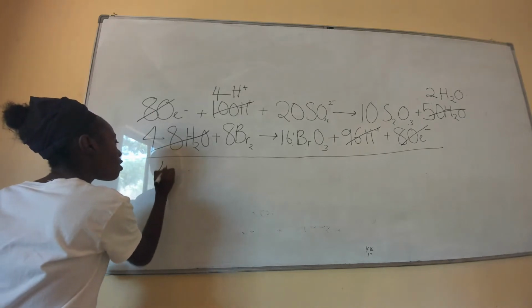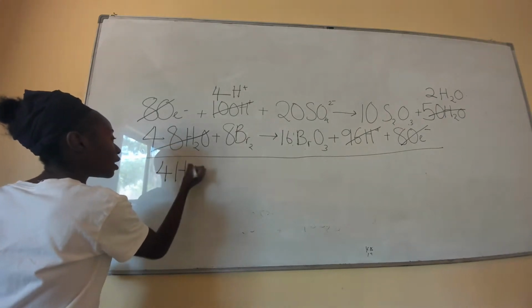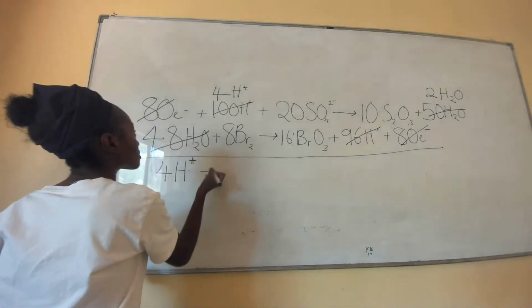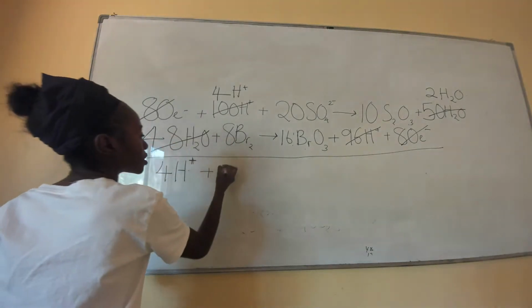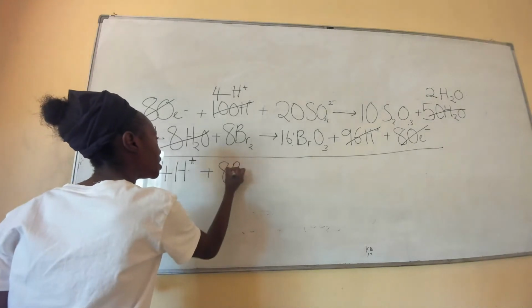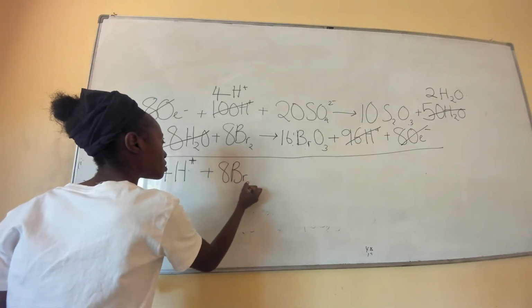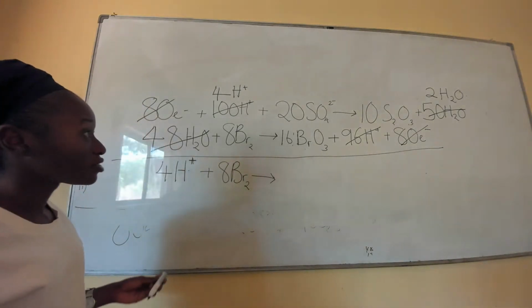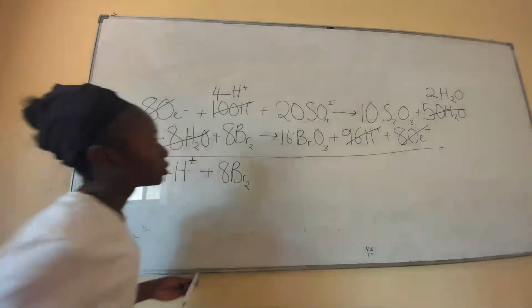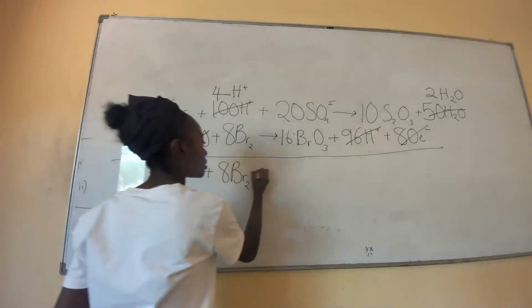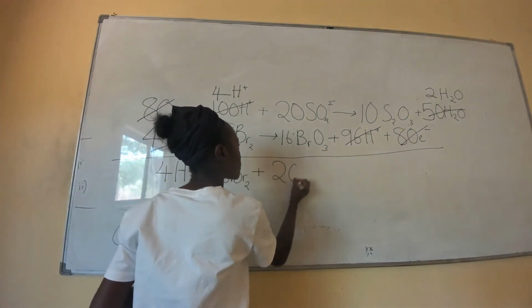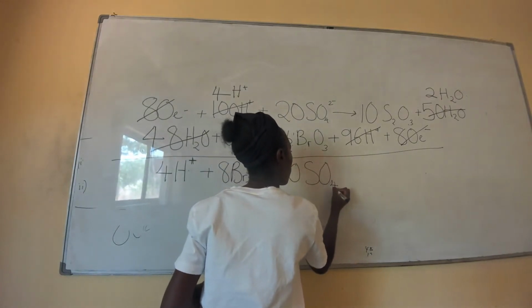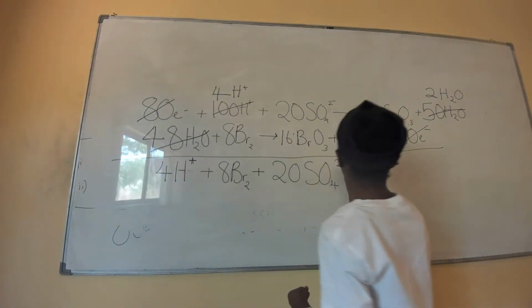So we're going to have 4 hydrogen ions plus 8 Br2 to give us, oh sorry, we've left out, we equally have this 20 here plus 20 SO4 2 minus.